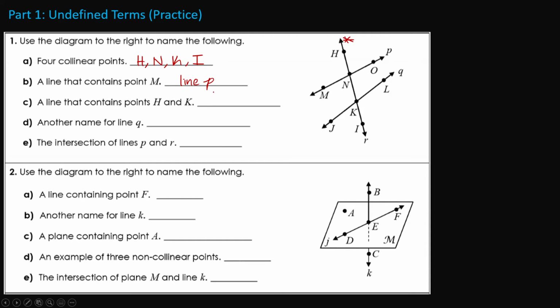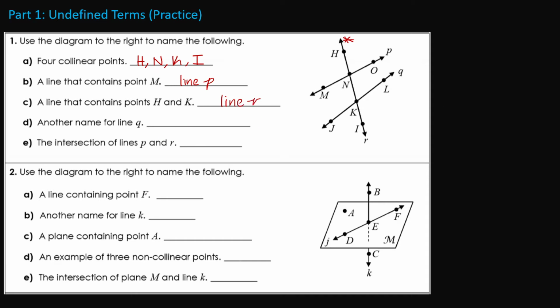Now we need to find a line that contains points H and K. I think we already identified that line. The line that contains points H and K, we can call it line HK, we can call it line NK, or we could just call it by the script letter line R. So I'll do that. This is line R.